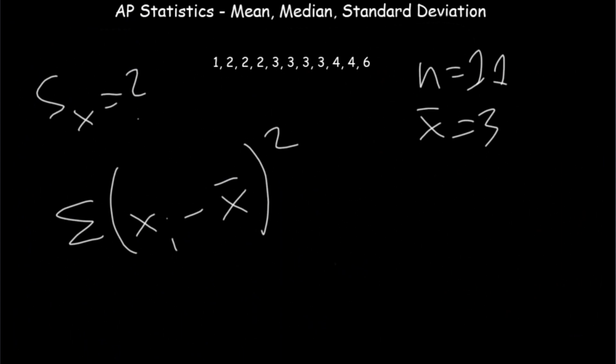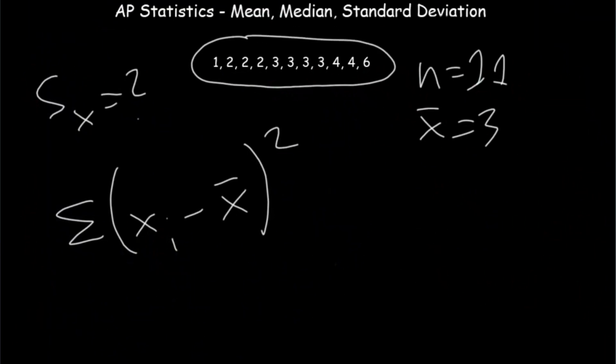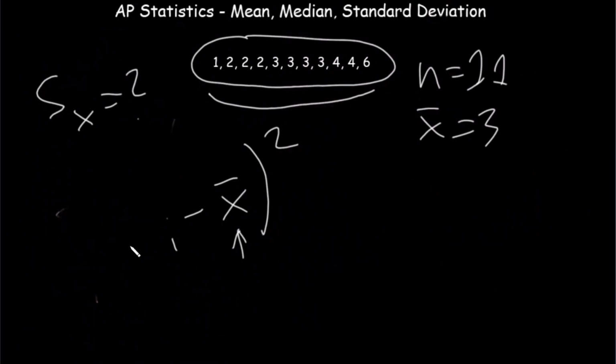What this is basically saying is that for each value in this data set, we have to plug that into x of I, minus it by the mean, square that, and then save that value. And then once we're done calculating all these values, we add them together, and that's what this little symbol is for. So let me go ahead and demonstrate what that means.